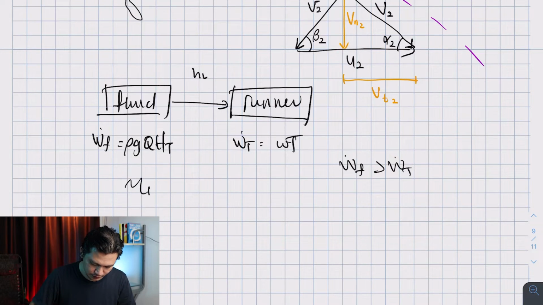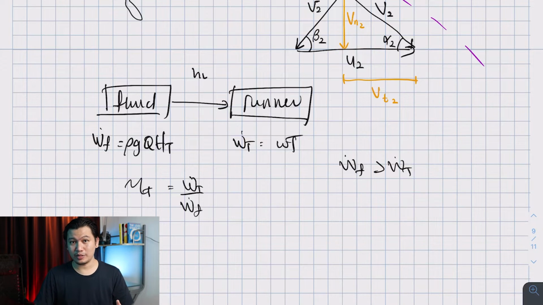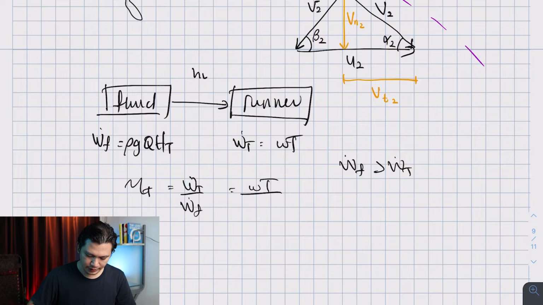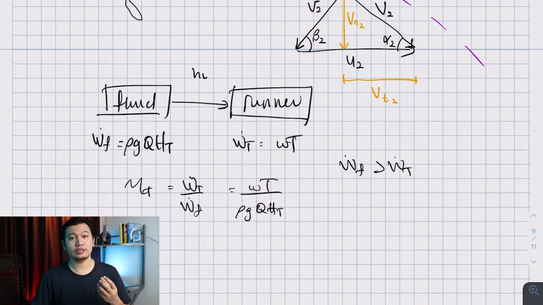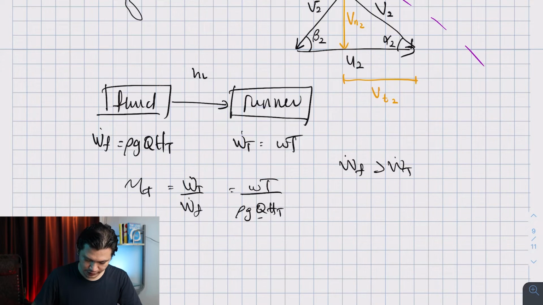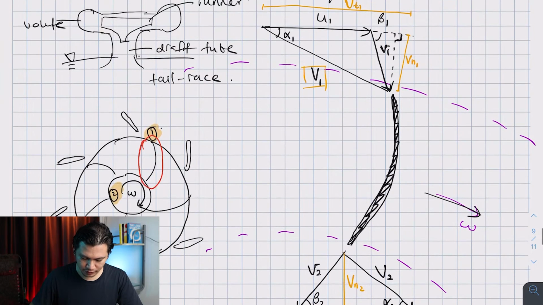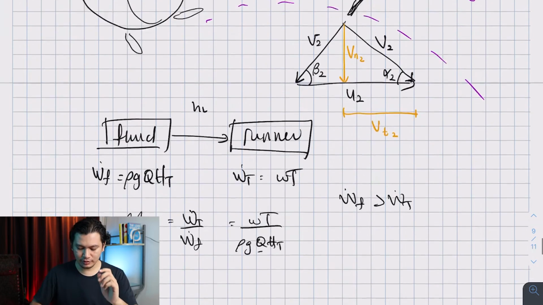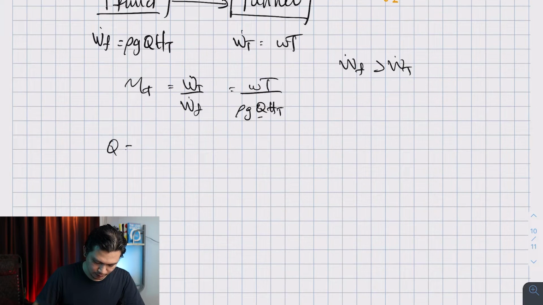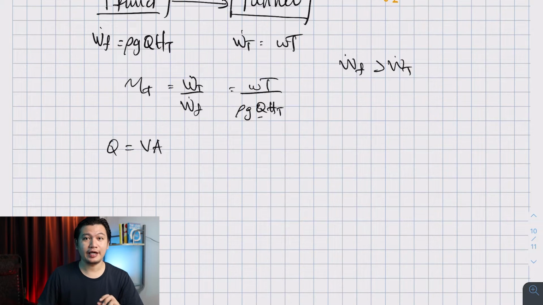So the efficiency of the turbine is going to be represented by W dot T divided by W dot F. It cannot be more than 1, right? W dot T is omega times torque, and W dot F is rho g Q HT, where HT is the head drop. Let's say we want to find out what Q is. Based on this velocity triangle at inlet and exit, you know that Q is simply velocity times area, and the velocity must be normal to the inlet or exit surface of the runner.